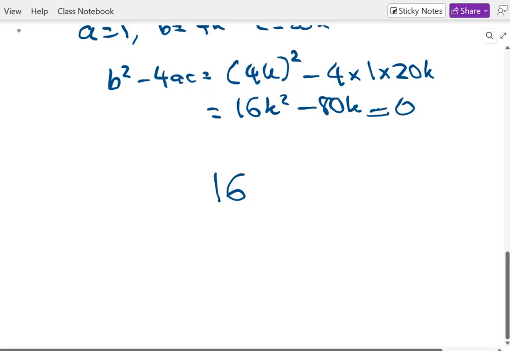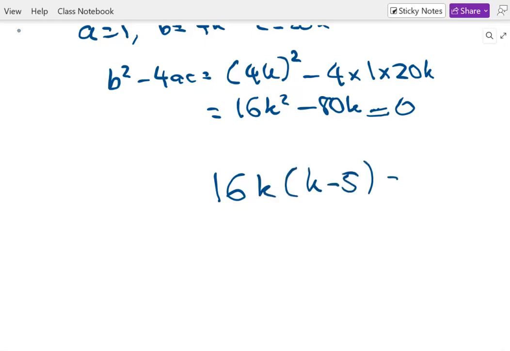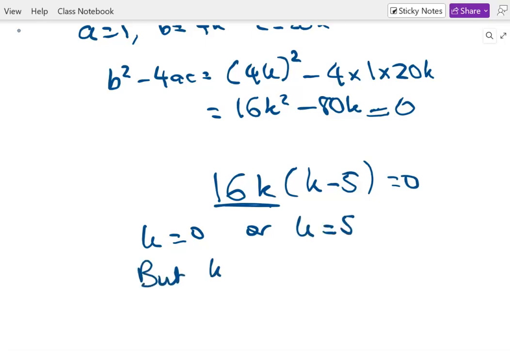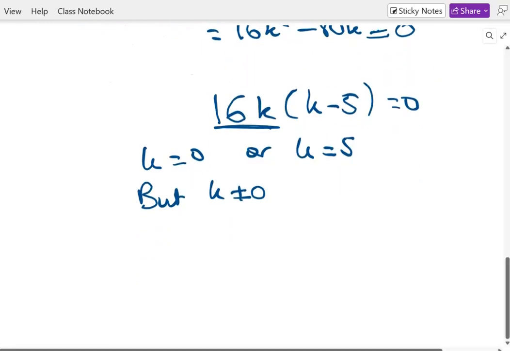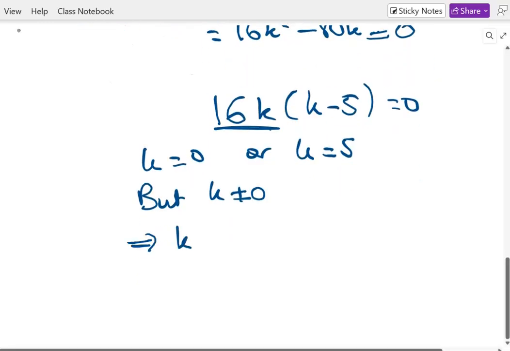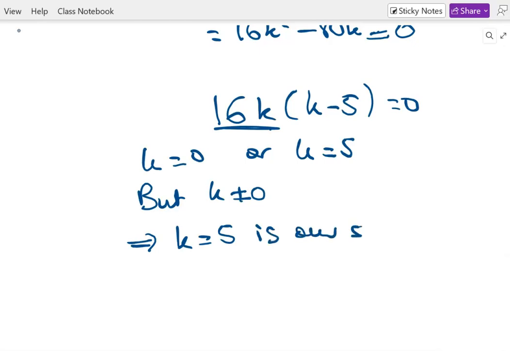We can factorise that as 16k times (k minus 5) is equal to 0, giving us two solutions. k is equal to 0 or k is equal to 5. But we know that k can't be equal to 0. So k is equal to 5 is our solution.